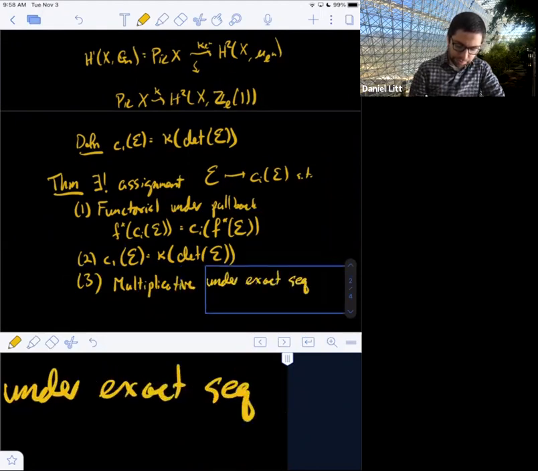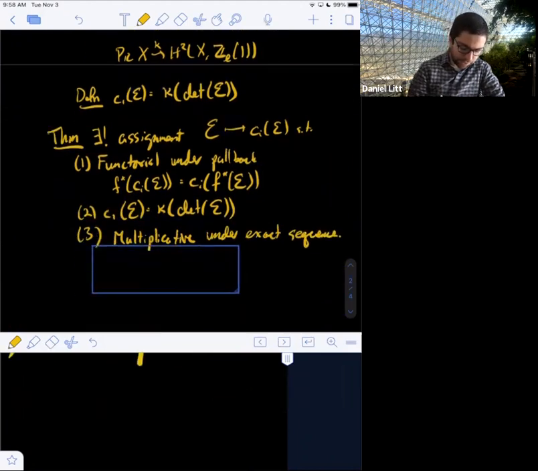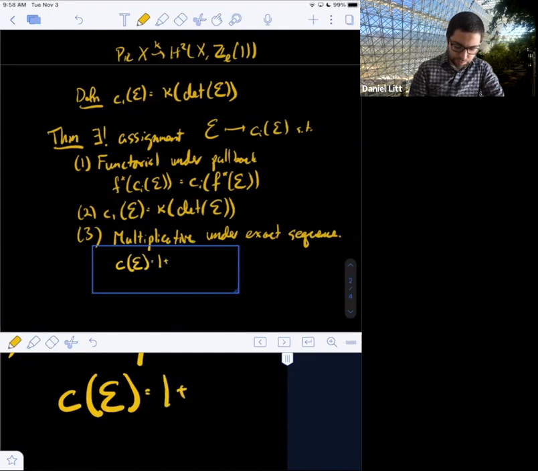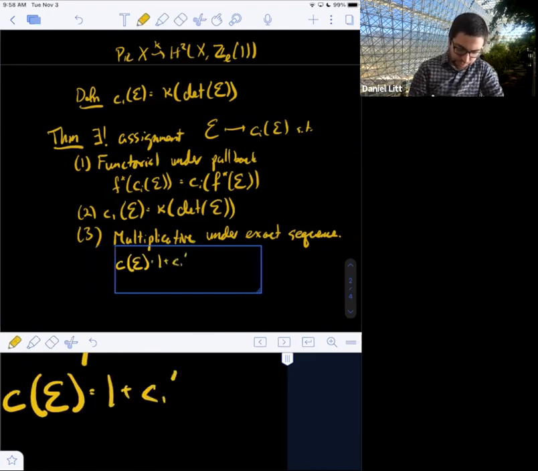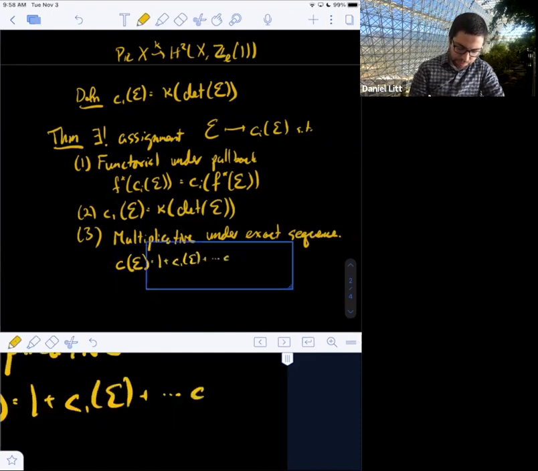Let me explain what I mean by this. This is the most complicated one. So if we define c of E to be 1 plus c_1 of E plus all the way up to, well, let me just write it as an a priori infinite sum.